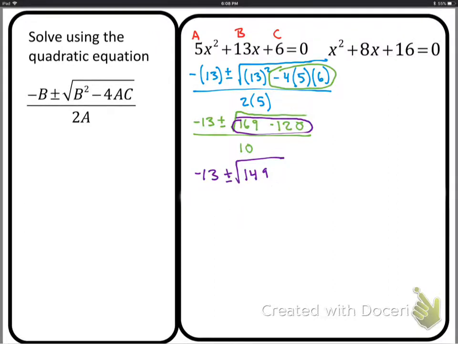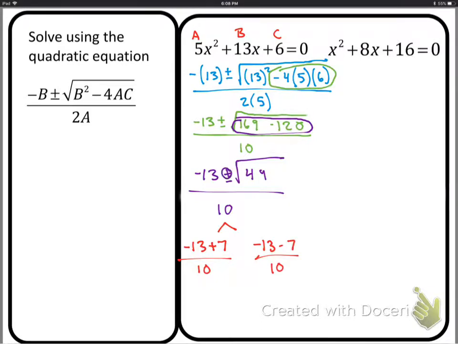I don't know why I wrote 149. It is 49 divided by 10. Now we can still simplify the square root of 49. It's not always the case that the square root is perfect, but here it is. Square root of 49 is 7. So you want to split this into 2. We have negative 13 plus 7 divided by 10, and we have negative 13 minus 7 divided by 10.